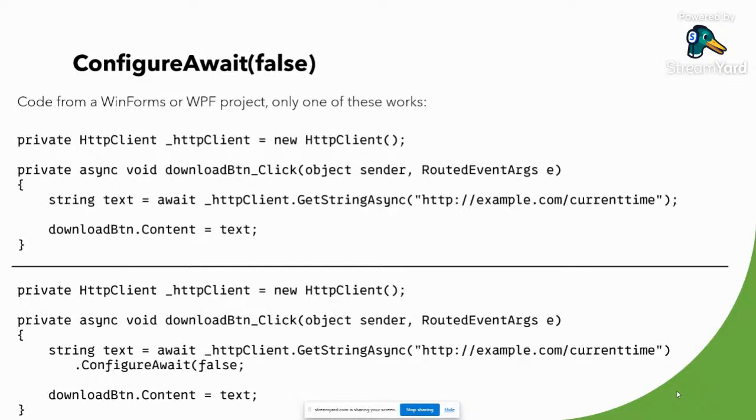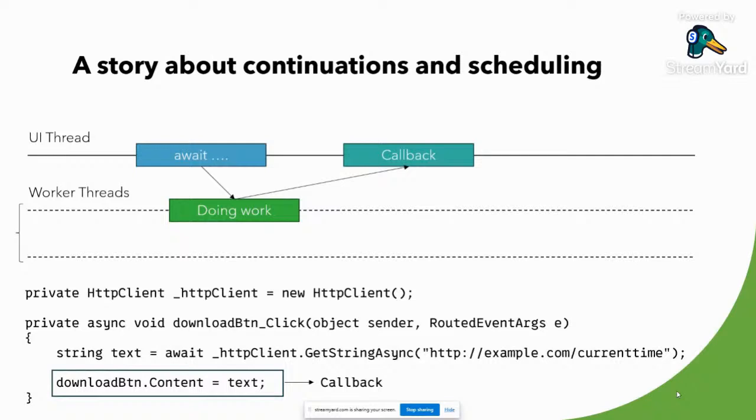This one does work. And the reason why is, if you look at how async await works, really important. We're awaiting an HTTP client call. So what happens is you have your UI thread. This is the thread that does all the rendering. This is the thing that shows your visuals on screen.